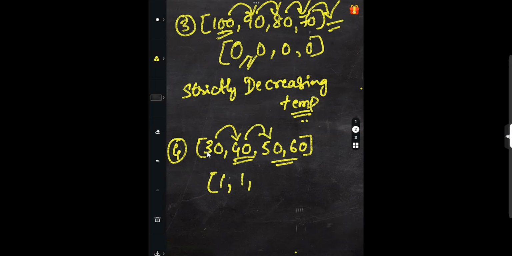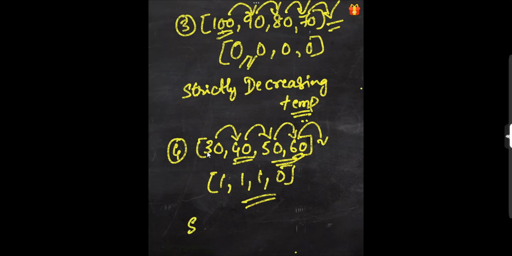We'll be displaying 1 here, and 50 has the next warmer day, nothing but 60 here. We'll be displaying 1. Here we don't have any value for this, so we'll be displaying 0. The output will be 1, 1, 1, 0. So each day has the next day as a warmer day, resulting in 1, 1, 1, 0 here. So this is for strictly increasing temperature.